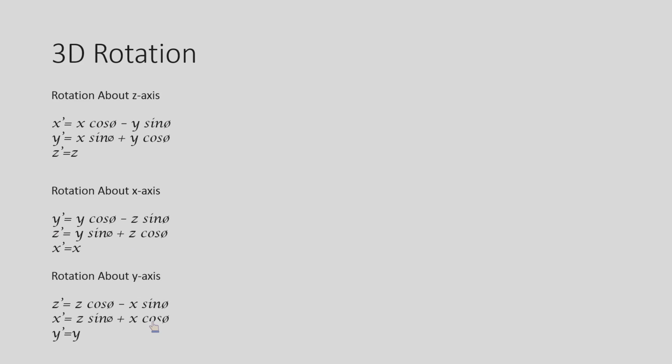An easy trick to remember these sets of equations is this. You simply have the set of equations about z-axis. You can use them to find the remaining two sets by simply replacing x with y everywhere.